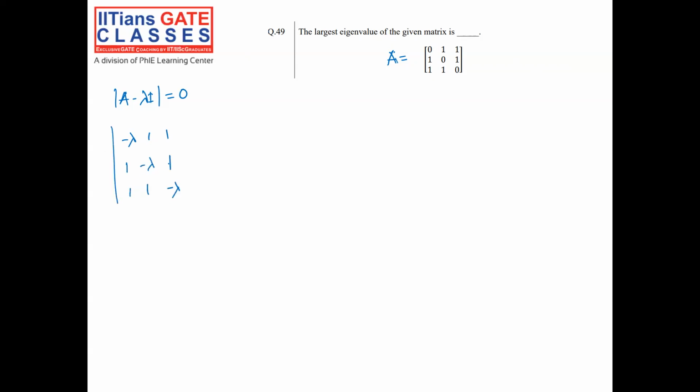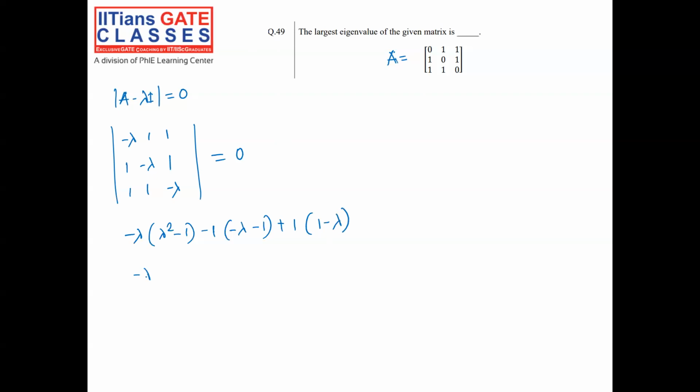And now if we take a determinant and equate it to 0, we will end up with the characteristic equation, and it will be minus lambda into lambda square minus 1, minus 1 into minus lambda minus 1, plus 1 into 1 plus lambda.